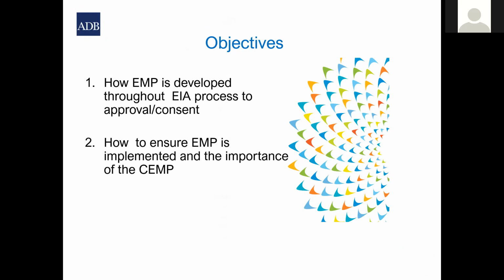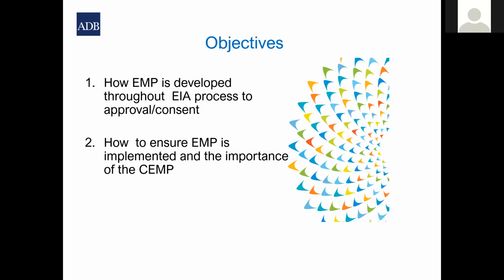So today, we're specifically looking at how the Environmental Management Plan, or EMMP, is developed throughout the EIA or ESIA process to approval and consent. And we will define what we mean by the Environmental Management Plan first and set the context.